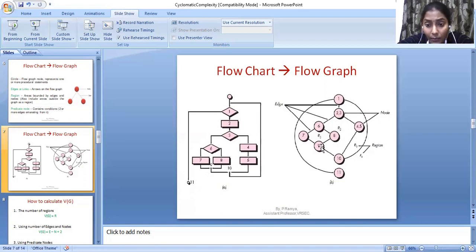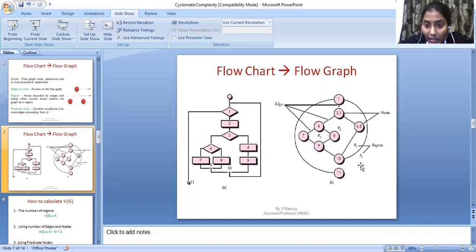So from 9 a link is connected to node 10, and from 5 a link is connected to node 10. After that, node 10 goes back to 1, and it represents the same here. Node 10 is going back to 1. So this is how you convert a flow chart to a flow graph.